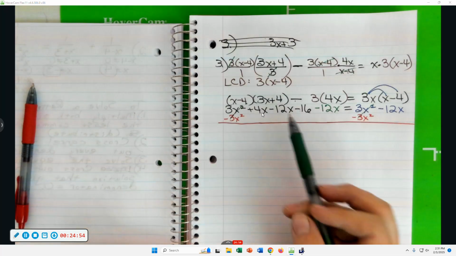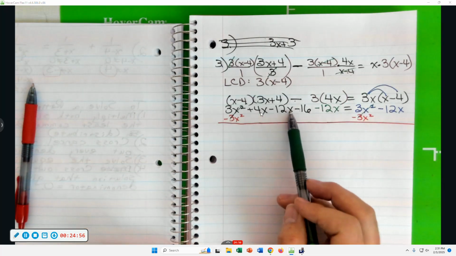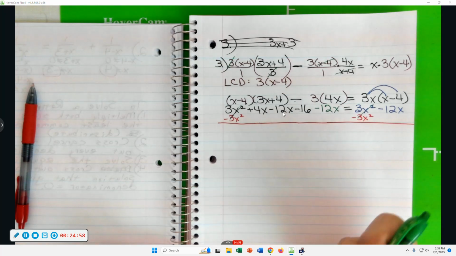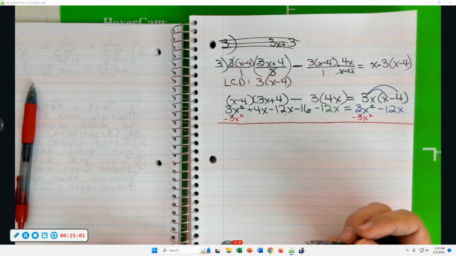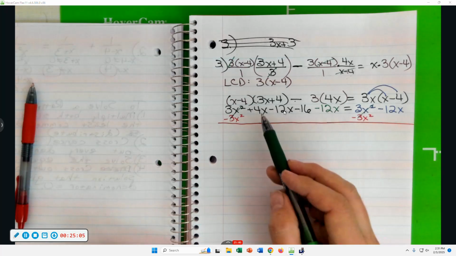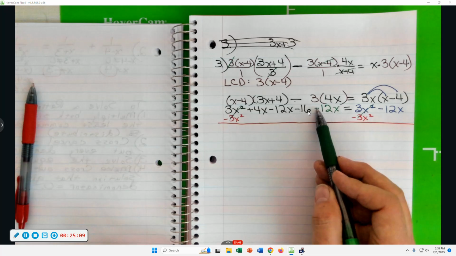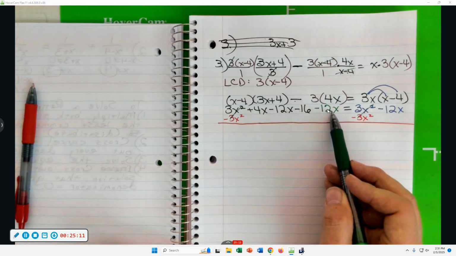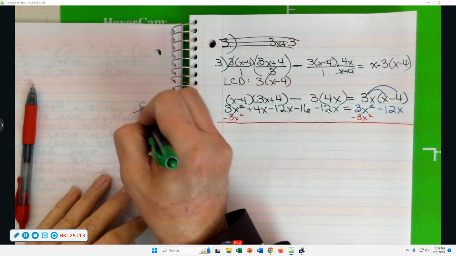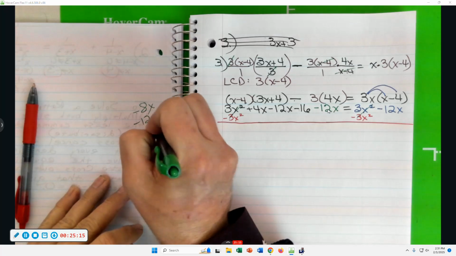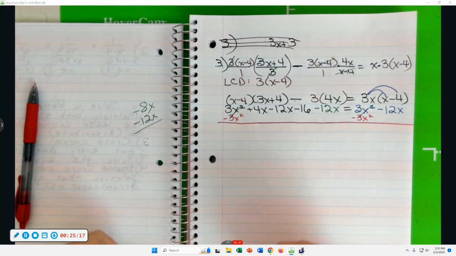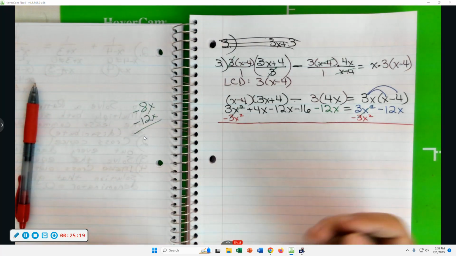Let's clean this up a little bit. Here we have a couple of like terms. 4x minus 12x, what's that going to give me? 4x minus 12x is a negative 8x, minus another 12x. What's negative 8x minus 12x? What's negative 8 minus 12?